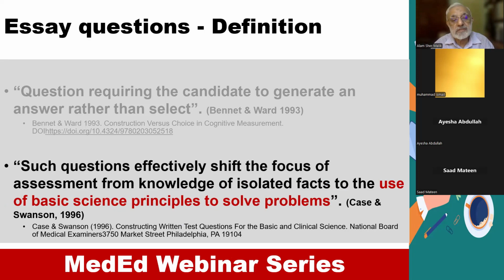This is a big strength of these essay type questions, that they focus on application of knowledge, and the examinees are supposed to solve the problem rather than simply recall information. So we have moved from recall of information to application of information, and that is best assessed by using essay type questions.